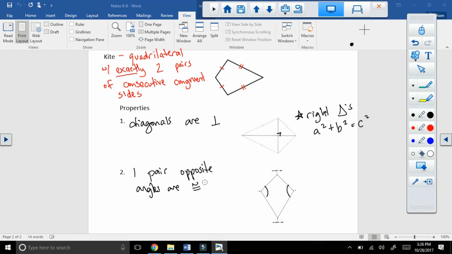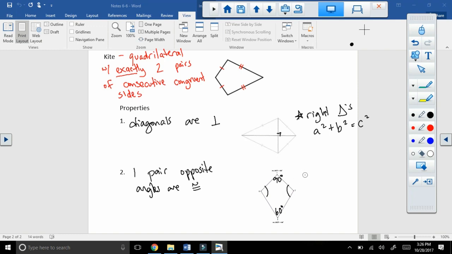The other 2 angles will not be congruent, and I know it's written pretty small, but it says here that if this angle is 90 degrees and this angle is 60 degrees, you can use that to find these other angles because these angles are going to be congruent to each other.